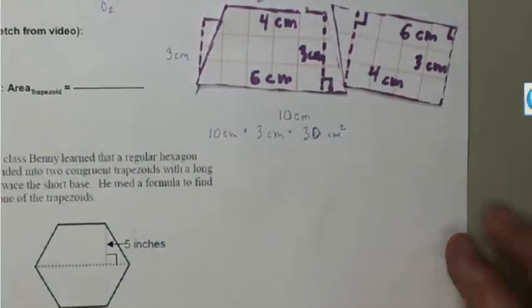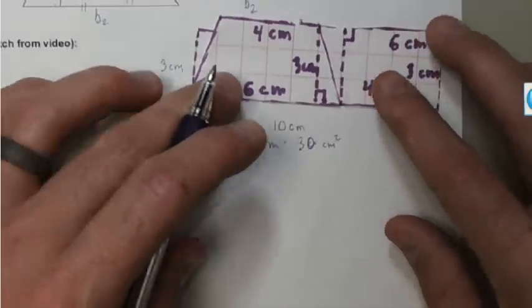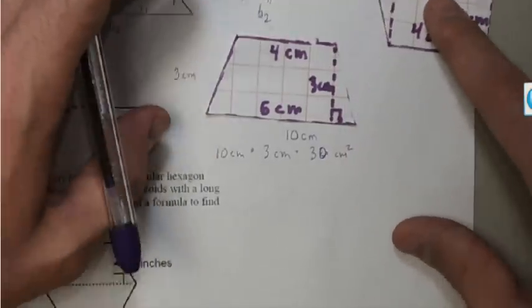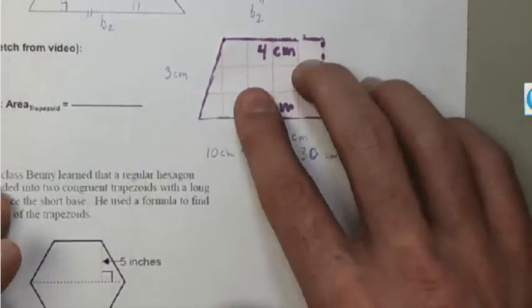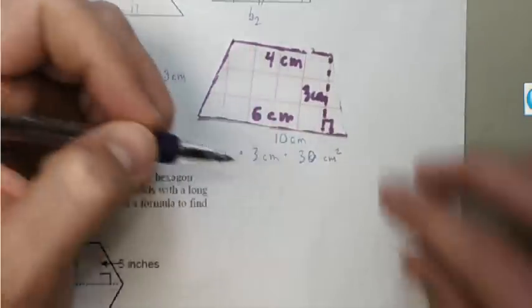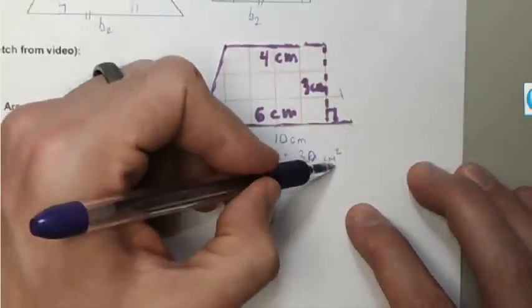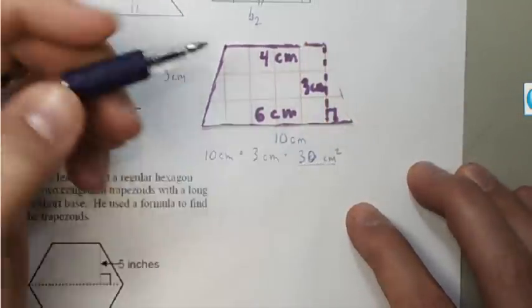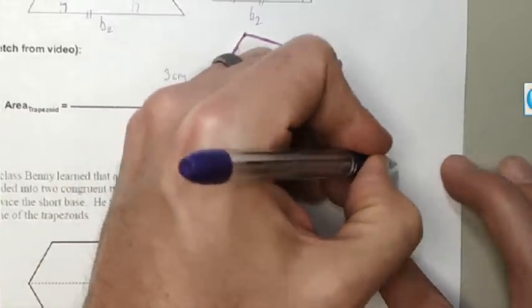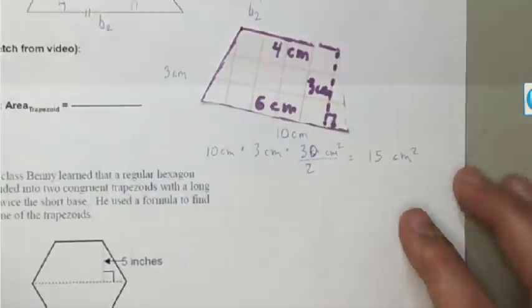Okay, now if I want to find the area of just one trapezoid, I can just take away the one that I put on there originally, and now I'm left with half. So if I just take this 30 centimeters squared that I found and I divide it by 2, I get 15 centimeters squared.